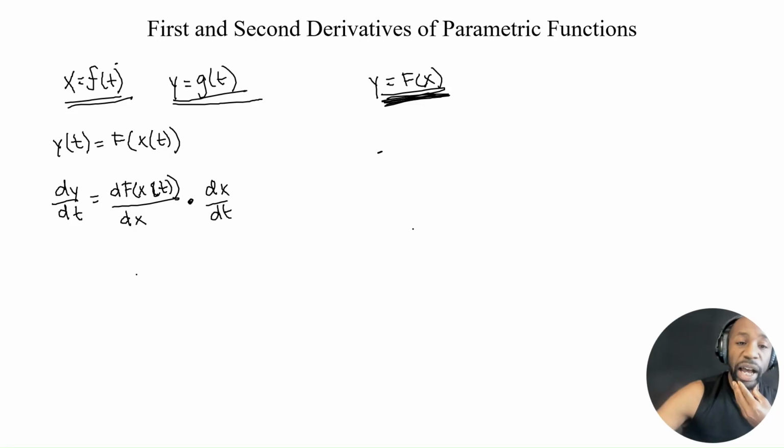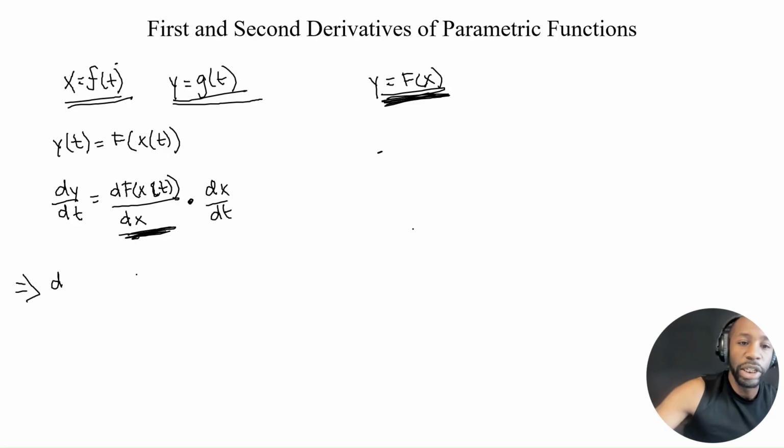Now, finally, we're going to rearrange by solving for this. Keep in mind that y equals f of x. So I'm going to change this d of f of x of t over dx to dy dx. Well, let me just write it as is.